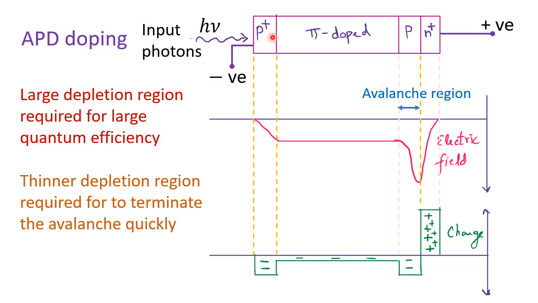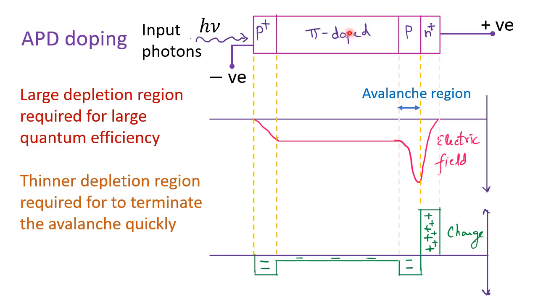Because the intrinsic region, which is basically this region, has a constant electric field, which is devoid of free carriers at the moment. So when the photon comes in, it can be absorbed all the way from the left to the edge of the p-doped region on the other side. And this large region actually increases the quantum efficiency of such a system.